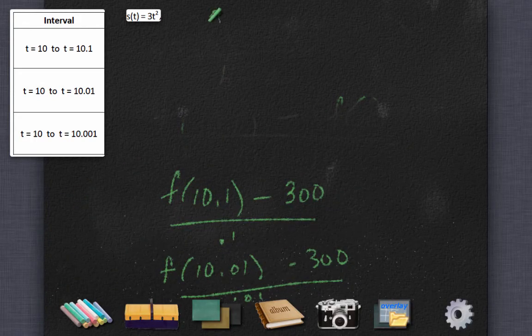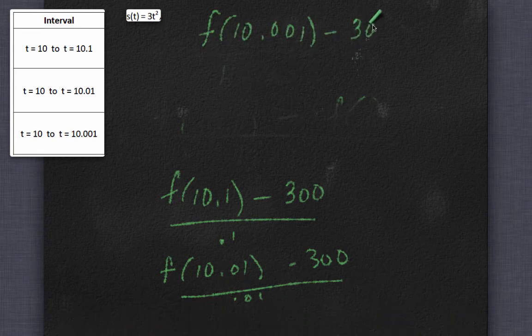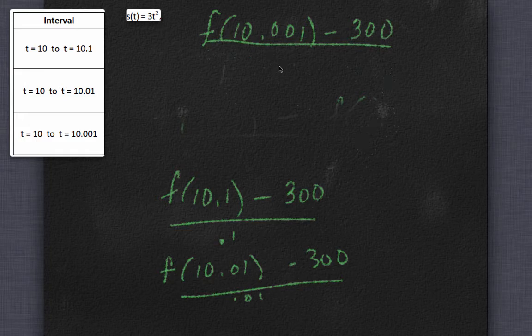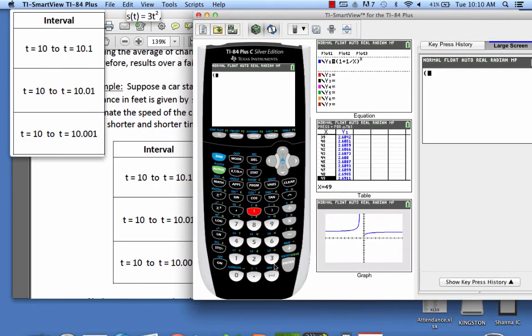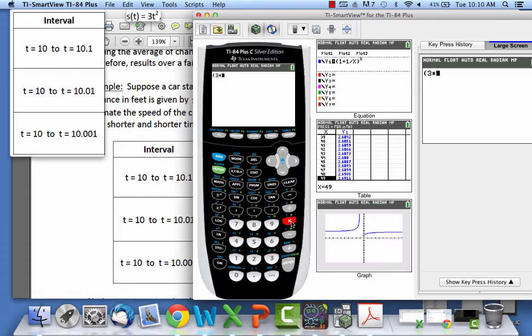And then we'll have f of 10.001 minus 300 divided by 0.001. Okay? So when I go back to the calculator then, I'm going to do 3 times 10.1 squared minus 300 divided by 0.1.